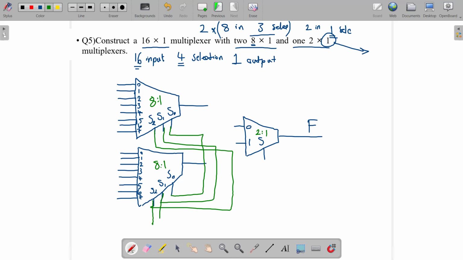In this form, make a connection here and use this one as a fourth selection line.